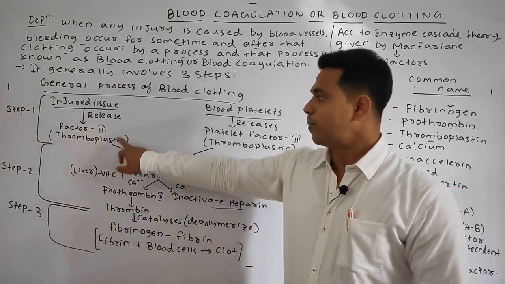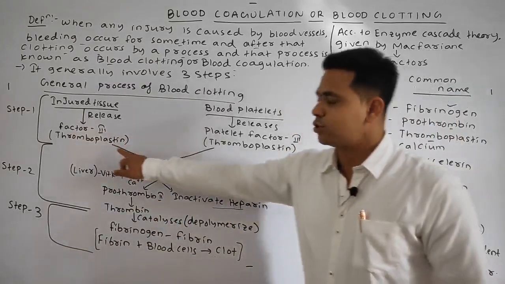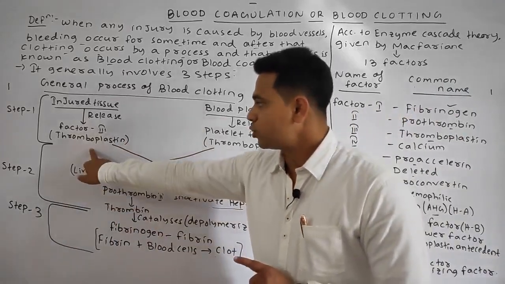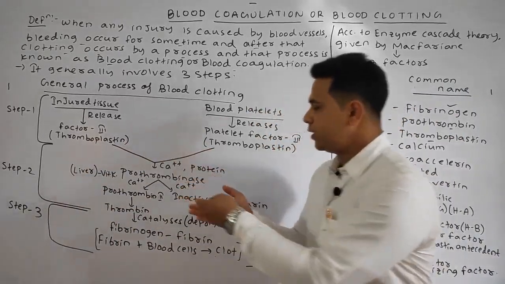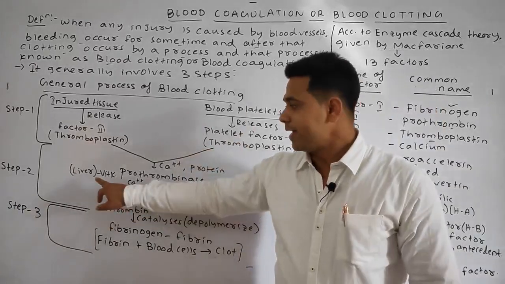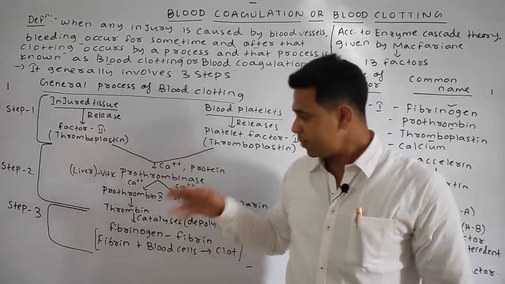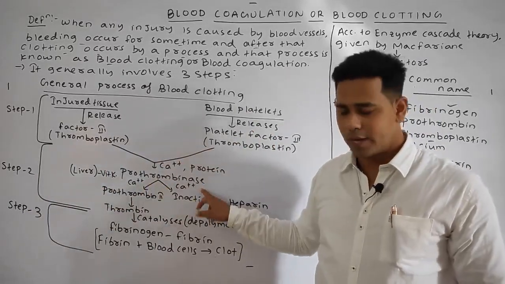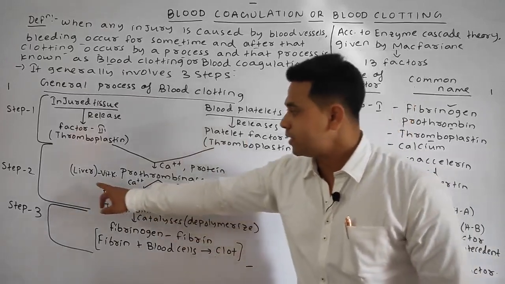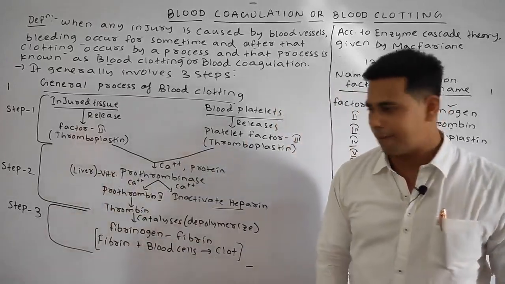Step 1 is up to the release of factor number 3, the thromboplastin factor. Step 2 is from thromboplastin, in the presence of calcium and protein, forming the prothrombinase, which forms prothrombin. And this is done in the liver in the presence of vitamin K.